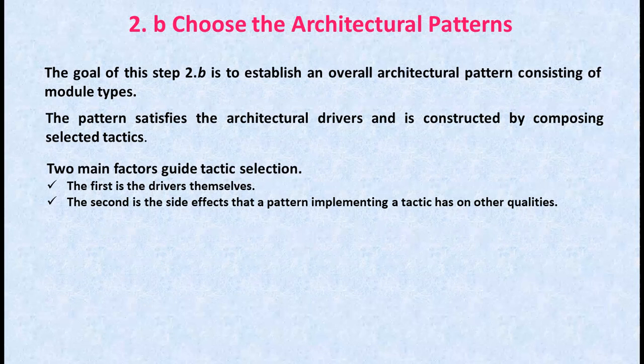So here for example, a classical tactic to achieve modifiability is the use of an interpreter. So here adding an interpreter specification language to a system simplifies the creation of new functions or the modification of existing ones.